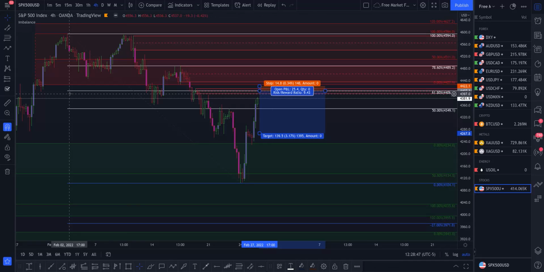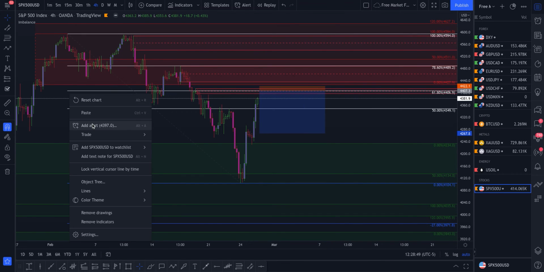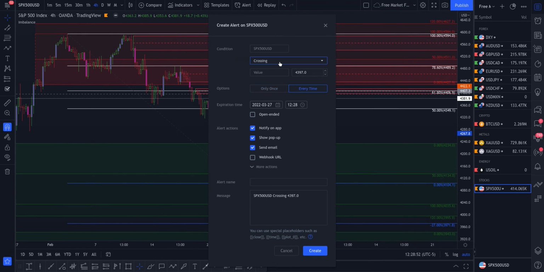All right, so let's add an alert every time crossing up 4-hour supply zone. Create that.